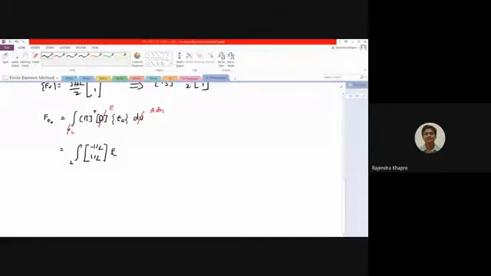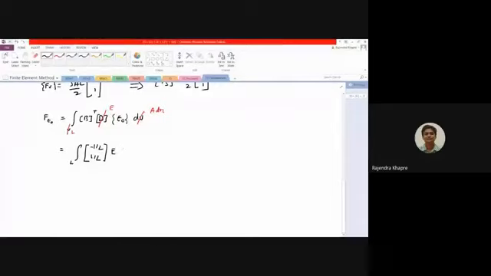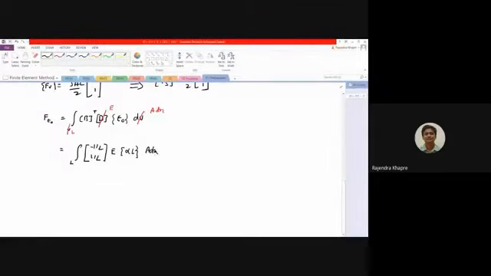And your initial strain is nothing but the temperature effect, right? This can be calculated by just going for alpha into T. And here the same thing will come, that is A into dx.